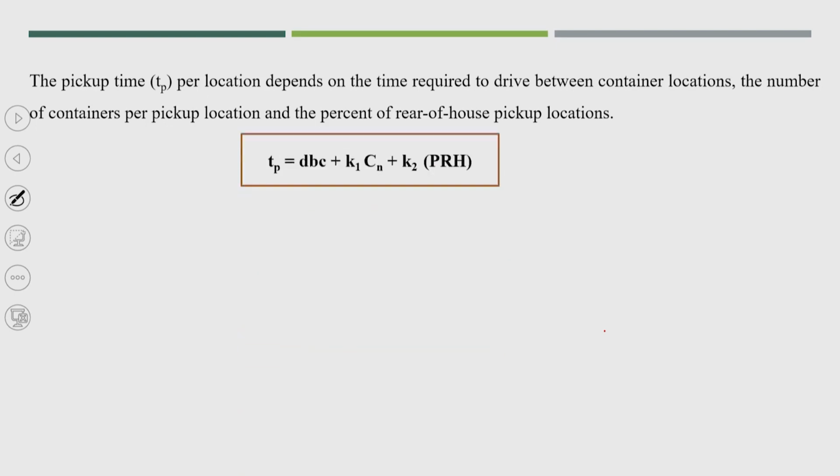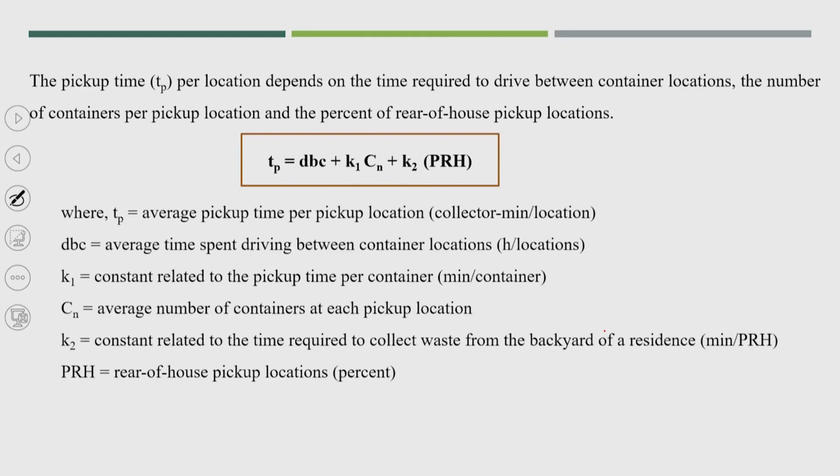So, the formula is TP is equal to DBC plus K1 into Cn plus K2 into PRH, where Cn is the average number of containers at each pickup location, and PRH is the rear of house pickup location percentage, and K1 and K2 are constants related to the time required to collect waste either per container or from the backyard of the residence in the PRH. In that way we can calculate the TP value.